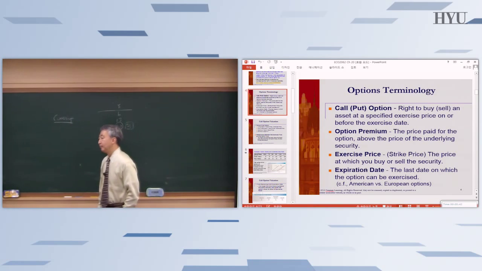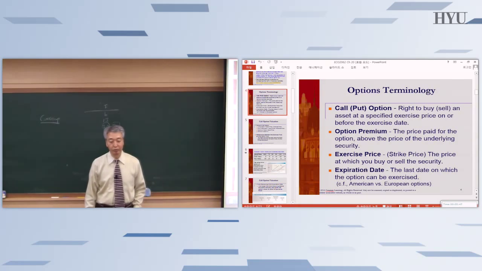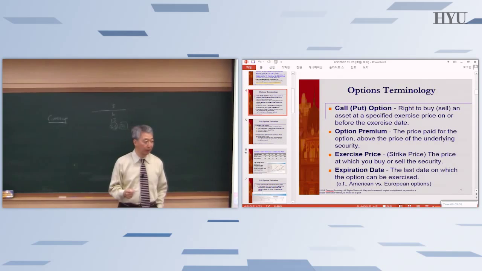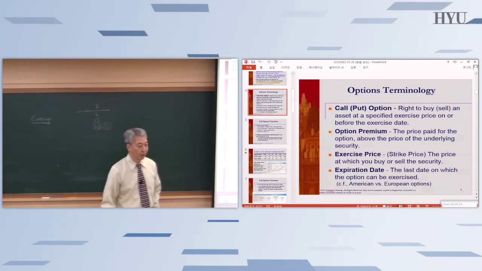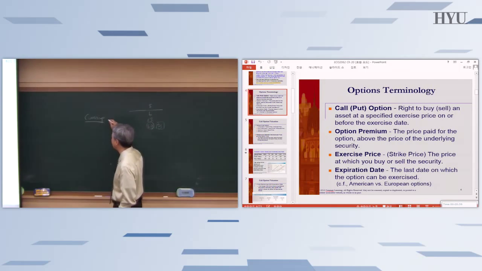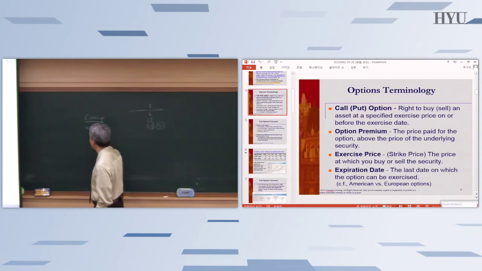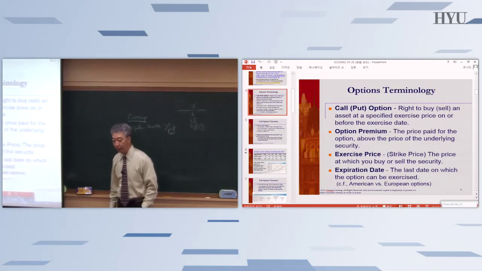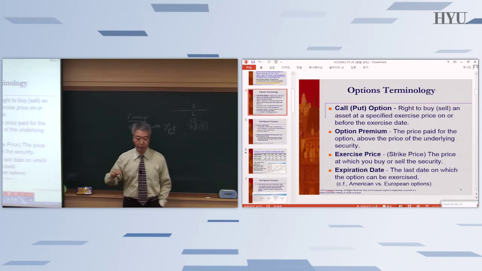If you are a regular investor, in other words, if you do regular investing, you purchase a stock and try to capitalize on it when the price appreciates. Then you will cover a regular trade with a put option. Because a put option gives you the right to sell your stock at a certain price.